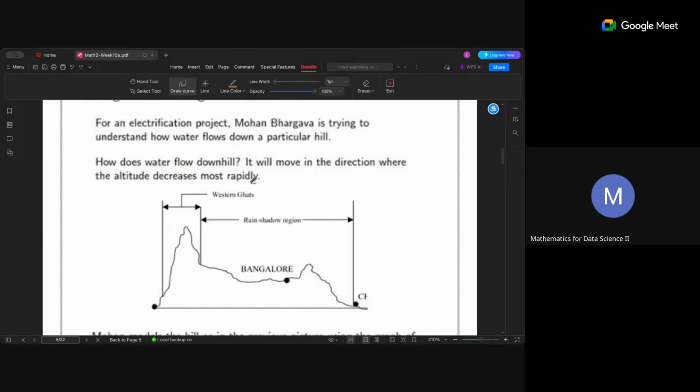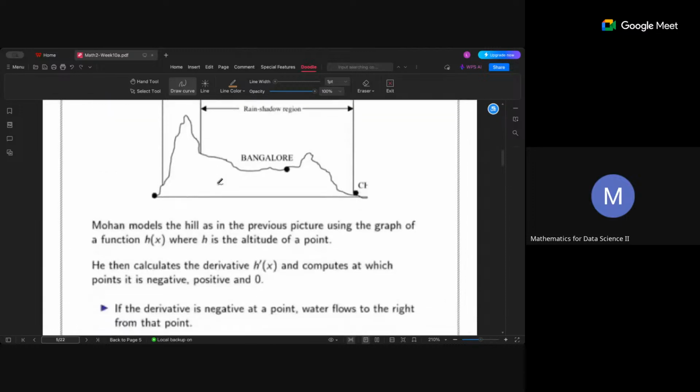Is that correct? So when the altitude decreases most rapidly, that is where the water will flow downhill, right? From this point, it will flow down here. From this point, it will flow down to this side. These are the places where the water will flow downhill.